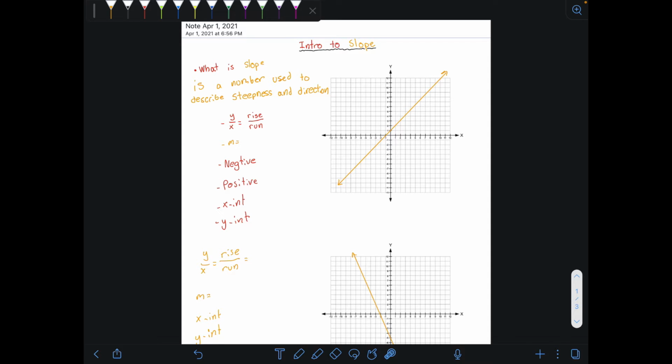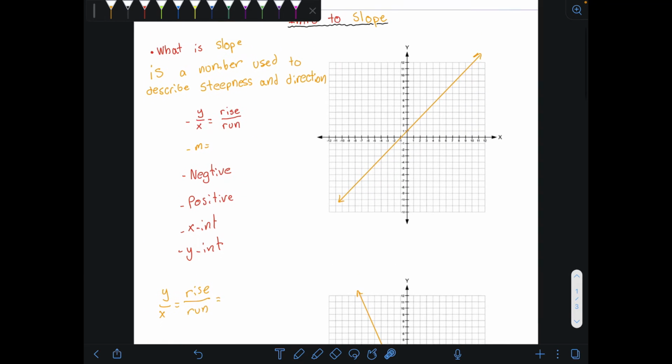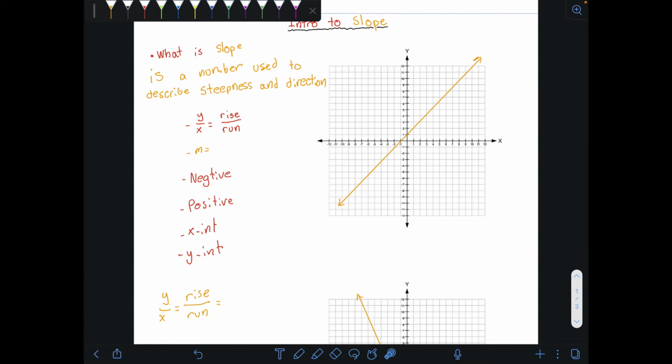First, to find your slope, we're just going to pick two random points right here, like -1, 0 right there, and then 0, 1. So these two points are the points we're going to pick.